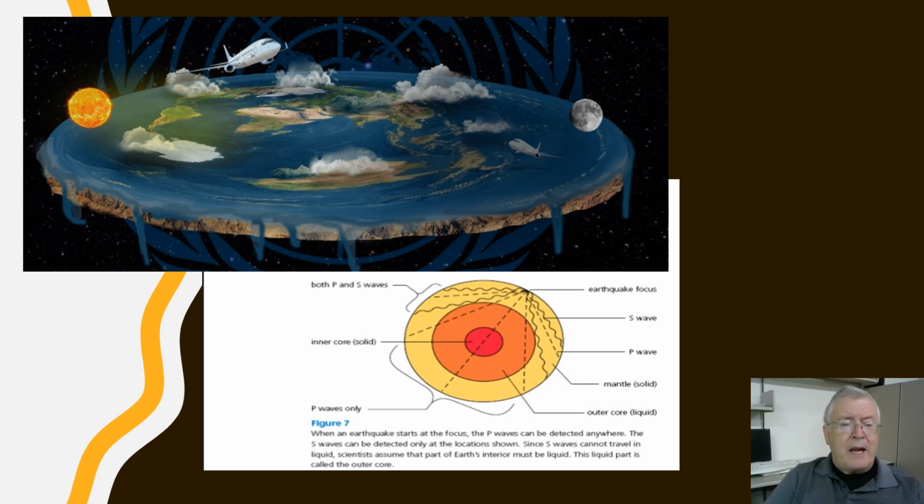And the way they can tell that the Earth is spherical is because of detecting these waves everywhere.